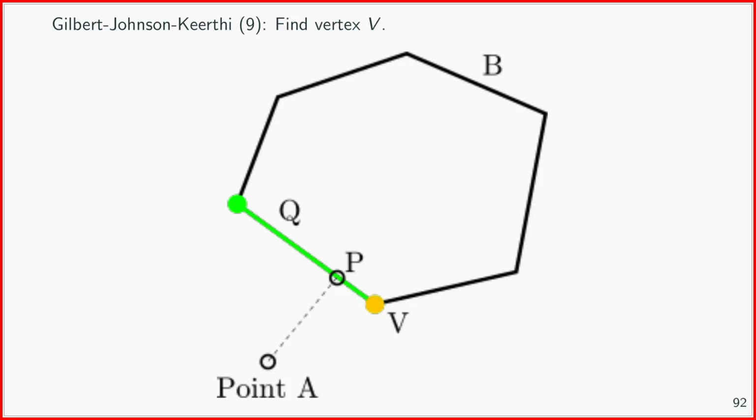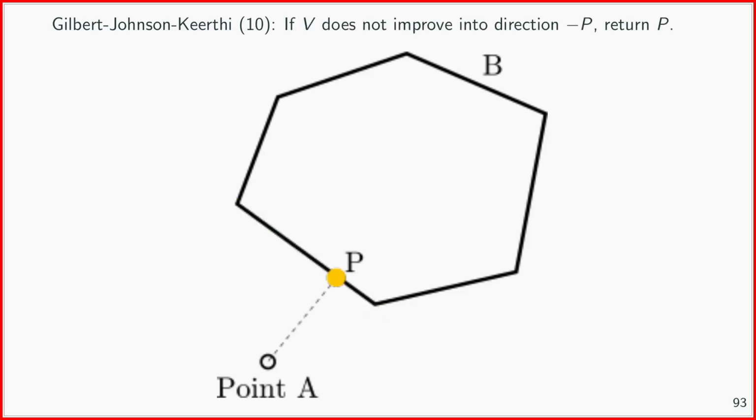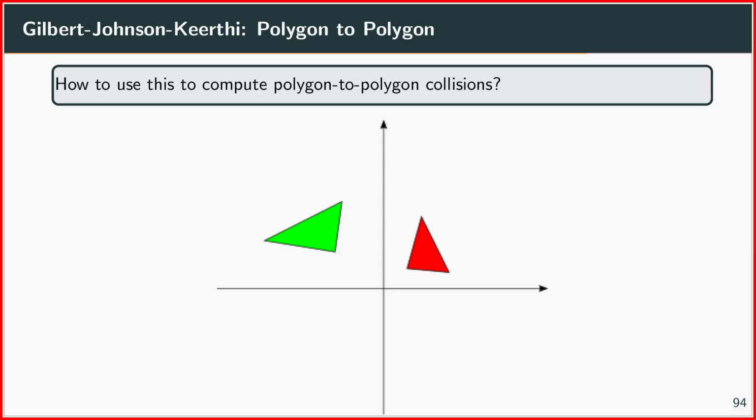In the next step, we try to move along this minus P direction to find the next vertex. And if the next vertex does not create a new triangle, then we are done, and P is basically the nearest point to A. This is roughly the inner workings of the GJK algorithm.